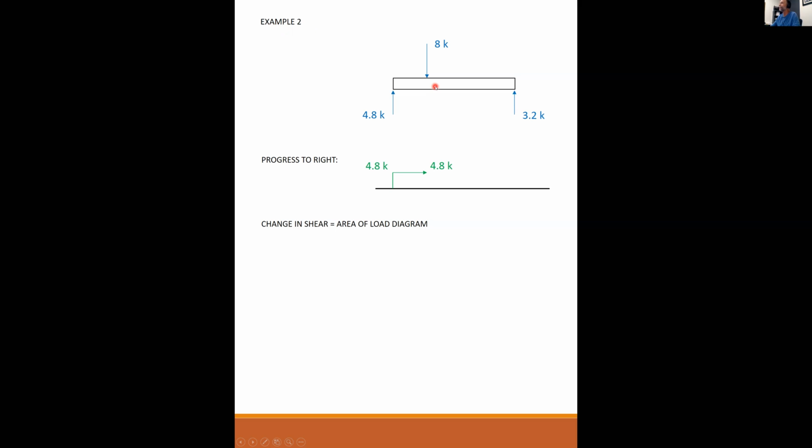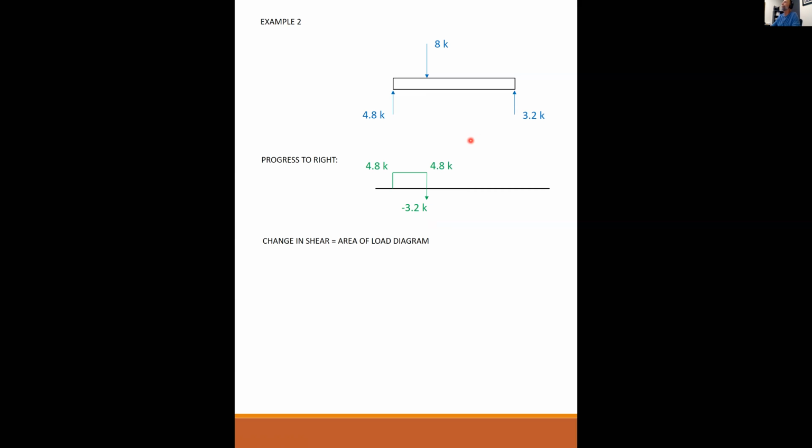It is minus 8 kips. So the shear diagram goes down 8 kips. Now, it does not go to minus 8 kips. It's relative. Remember the definition. The change in shear is equal to the magnitude of the load. So it was at 4.8, it goes down 8 kips to minus 3.2 kips.